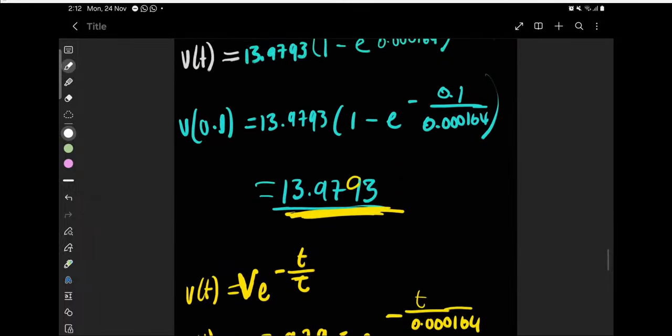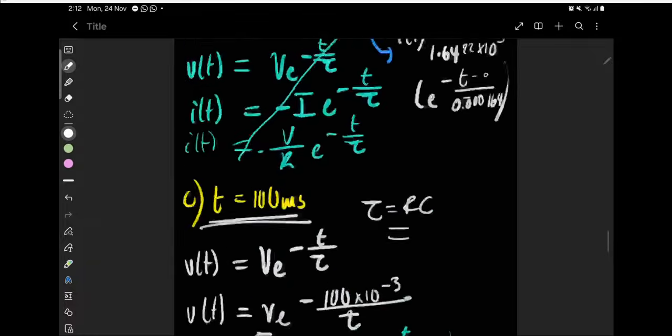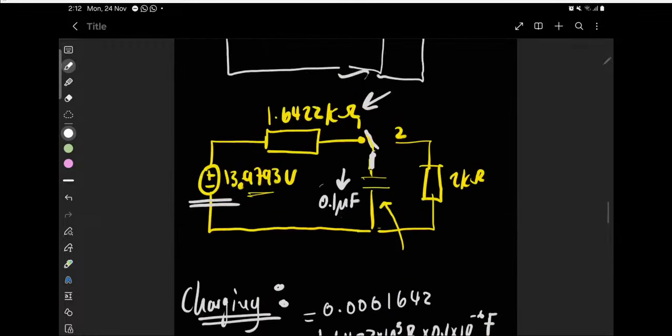So the second one, which it is now on, to get tau, remember it is RC, which is going to be the R is now 2 kilo ohms, and then the C is 0.1 microfarads. And you are multiplying.